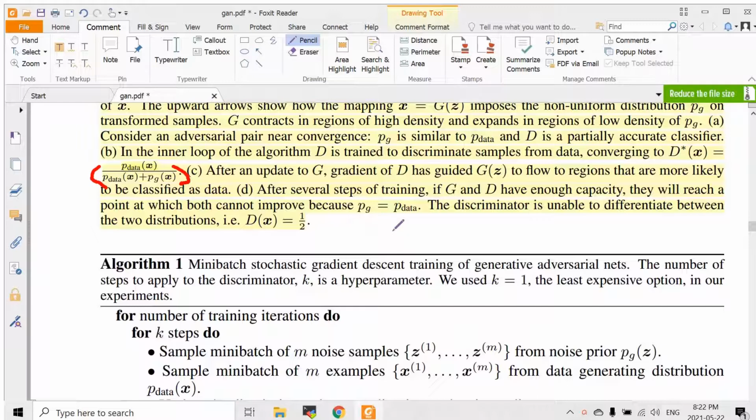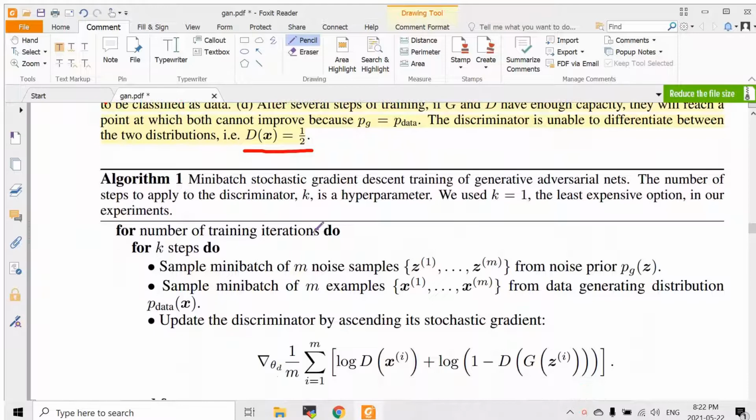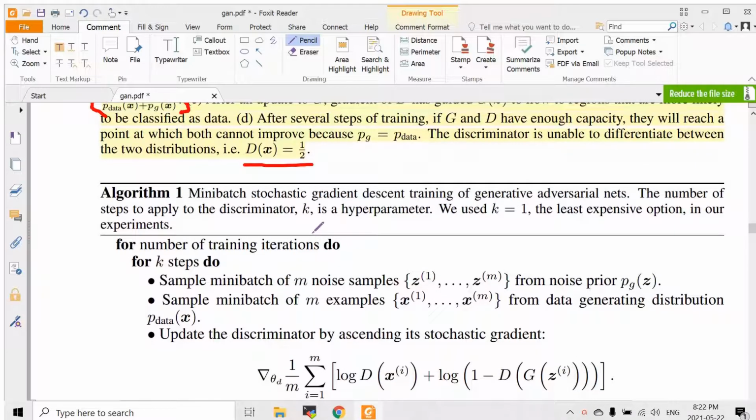So the generator and discriminator have both come to the ideal point we discussed before. The discriminator is unable to differentiate between the two distributions; it does not really know which image is from which distribution.